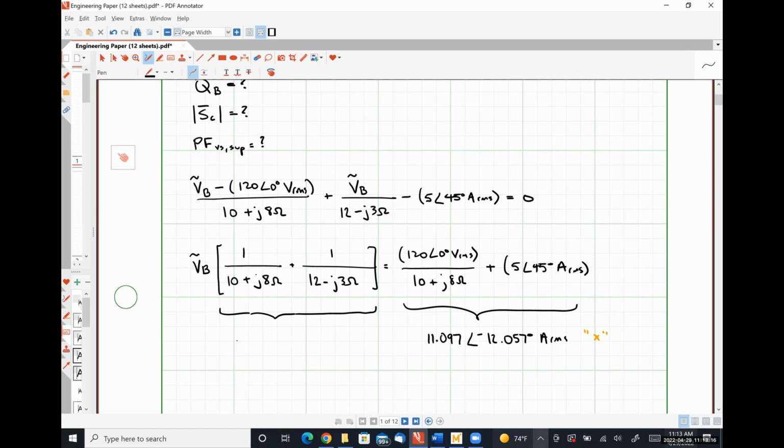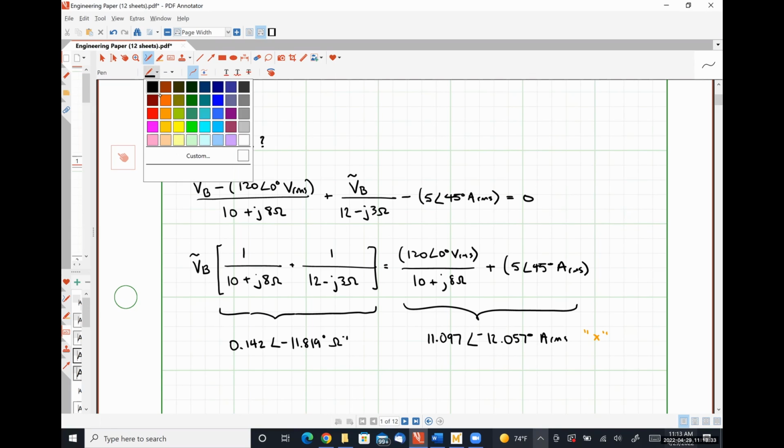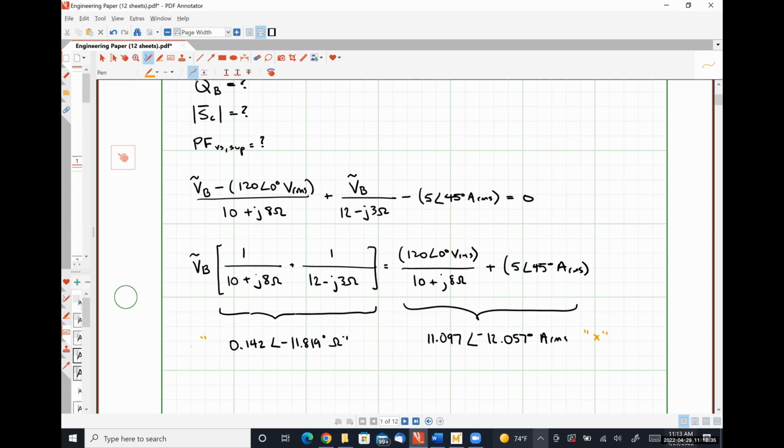So that looks like 0.142 angle negative 11.819 degrees ohms to the minus 1 power, and I'm going to call it Y.